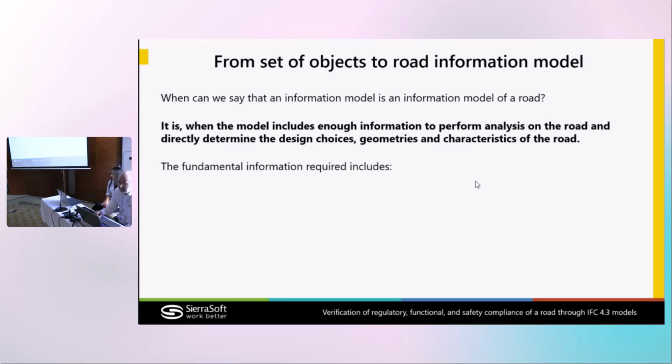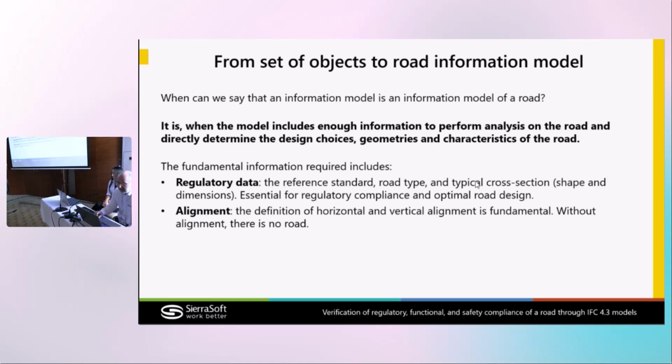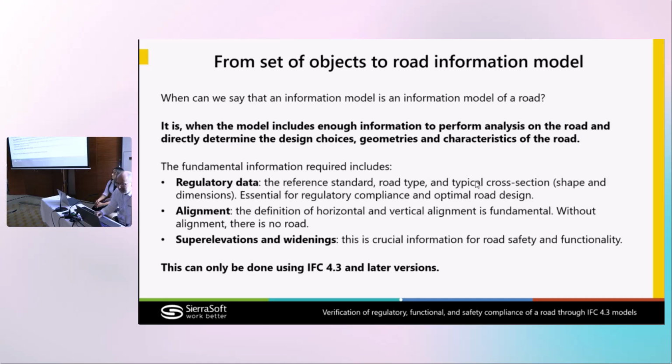The fundamental information required includes regulatory data, reference standard, road type, typical cross-section, alignment, the definition of horizontal and vertical alignment, super elevation and widenings for road safety and functionality. And this can only be done using IFC 4.3 and later versions.